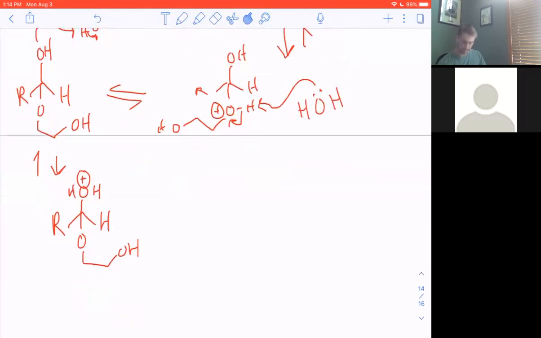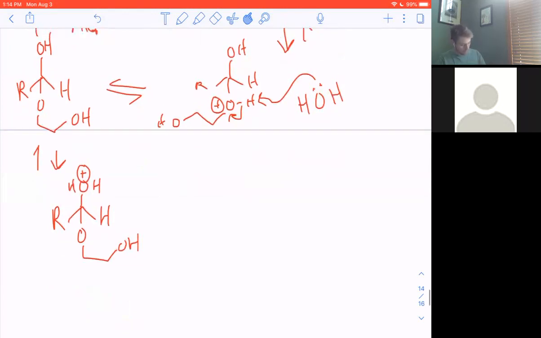So now, since this is positively charged, you're going to have one of the lone pairs of oxygen come here and force that off. So I'll add that lone pair, this will go there, this goes there. What you now have formed, and I'm going to flip this orientation in space, is an R group.